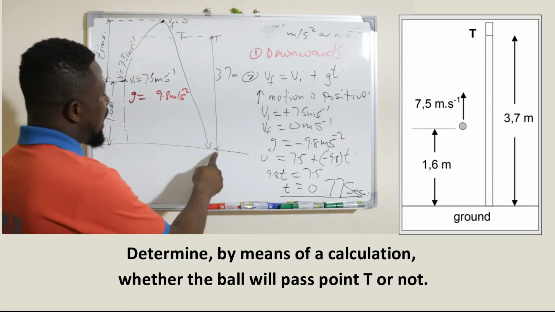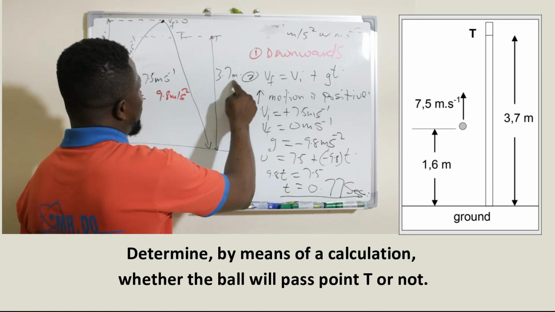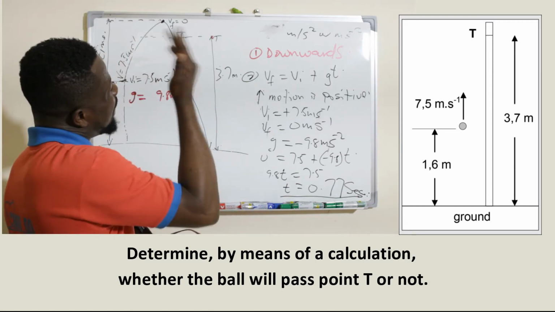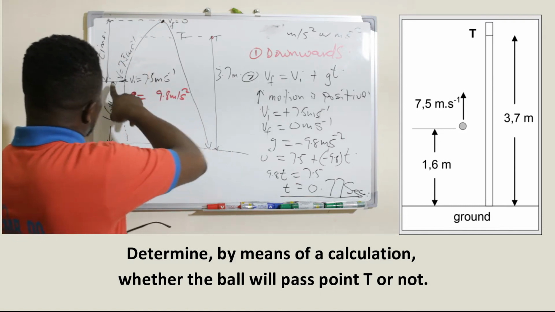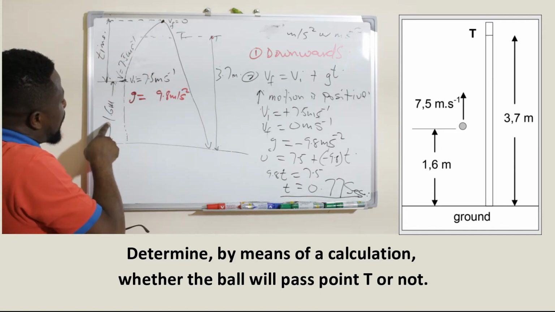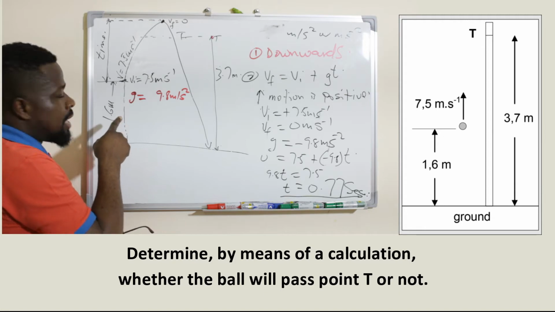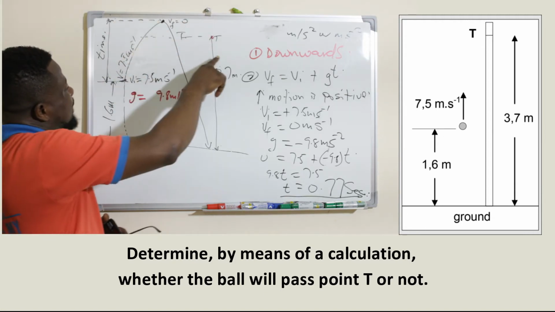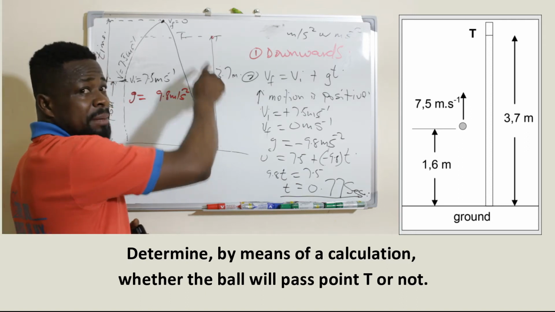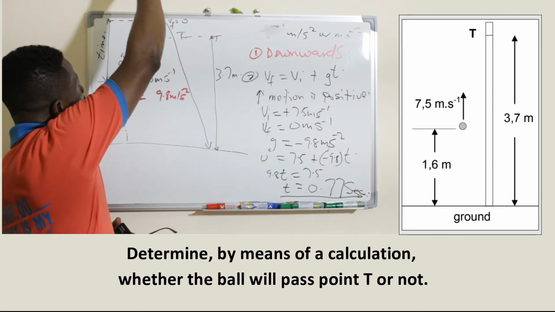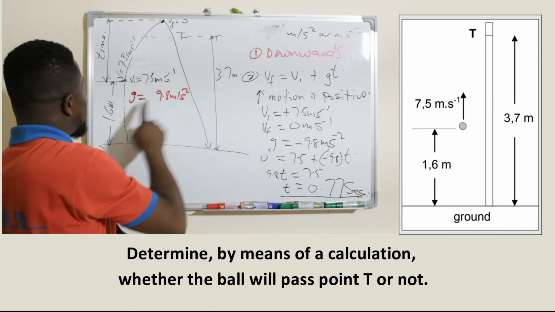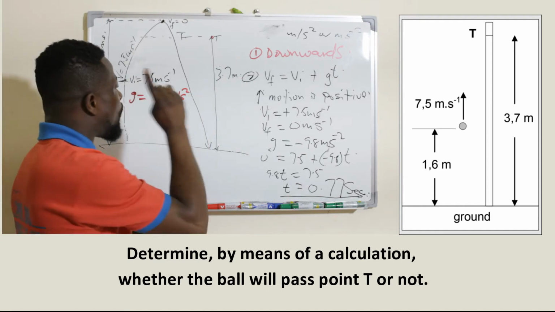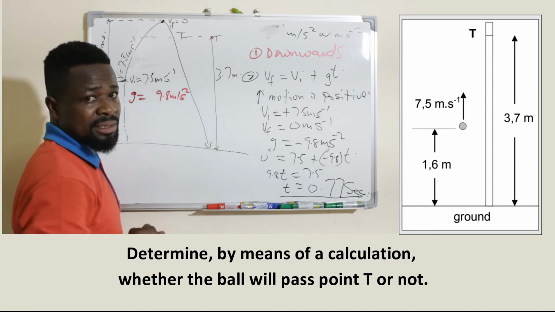We know from here to this point is 3.7 meters. And I know that the point of projection was also 1.6 meters. If I throw from here and pass the 3.7 meters, it means I should have a height which is more than 2.1 meters.